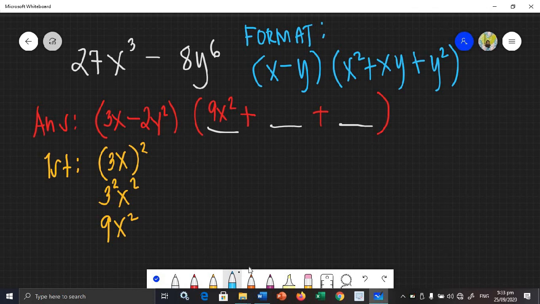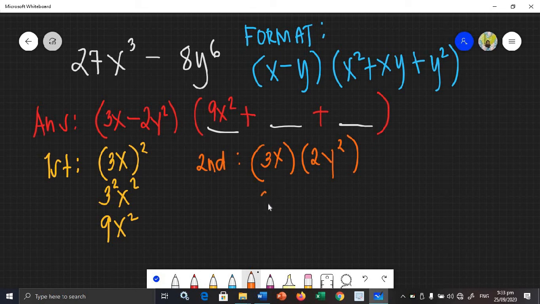And then for the second term, we need to multiply the terms of the binomial. So 3x times 2y squared. So we need to multiply the coefficients, no? 3 times 2, that is 6. And then we will just be copying the variables, x, y squared.